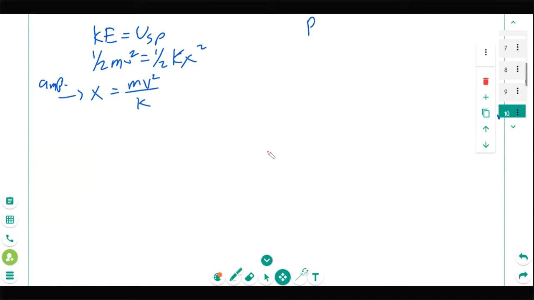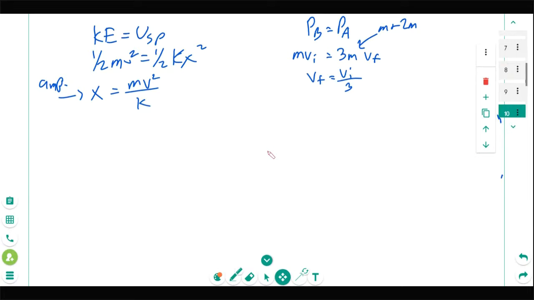So that's p before equals p after. Beforehand we had mvi. Afterwards, we have 3m because we added the blocks together, times vf. That means our speed at the end after this collision must be equal to the initial speed over 3.